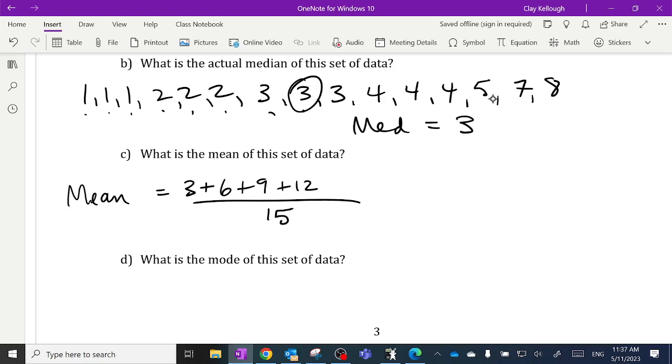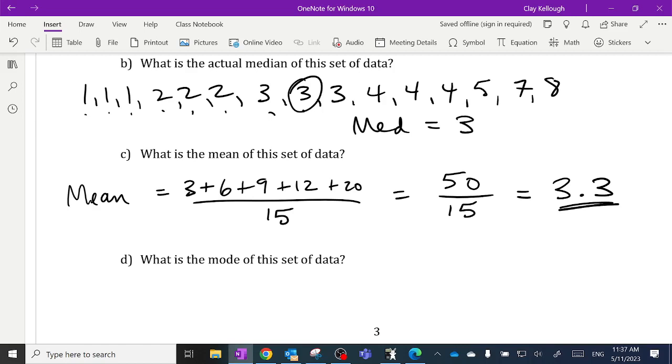And then, 5 plus 7 plus 8, that's easy to do in my head. 15 and 5, 20. Add all that up, and you actually get 50 divided by 15. I'll use the same rule I used last time and round to 1 decimal place. I believe that's 3.3 repeating. So I'll round to 1 decimal place. 3.3 is the mean.